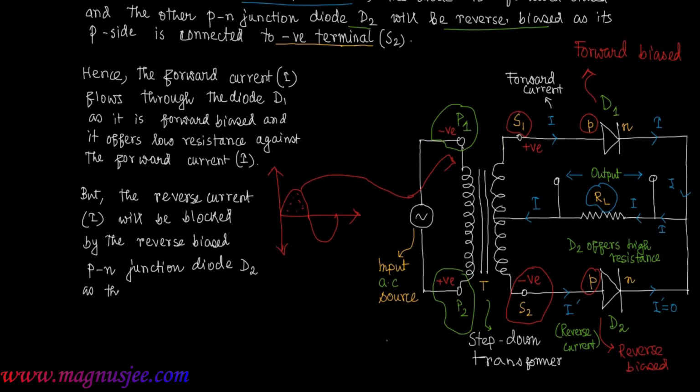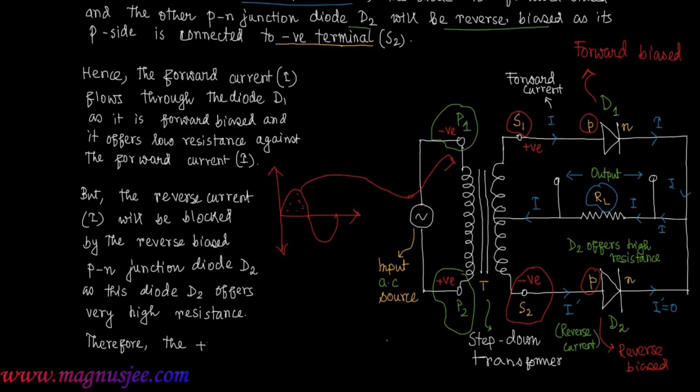As this diode D2 offers very high resistance, hence positive voltage will be obtained across the resistance RL. Therefore, what type of voltage?